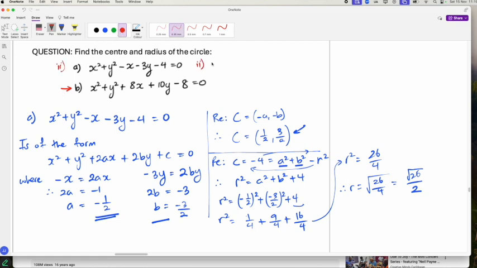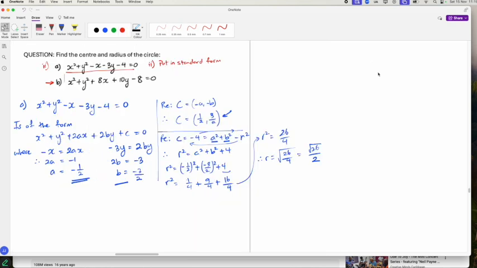And A part 2, I'm just going to put in standard form. Let's actually try to take this and put it in standard form. Right, so I'll have x squared plus y squared minus x minus 3y minus 4 is equal to 0.